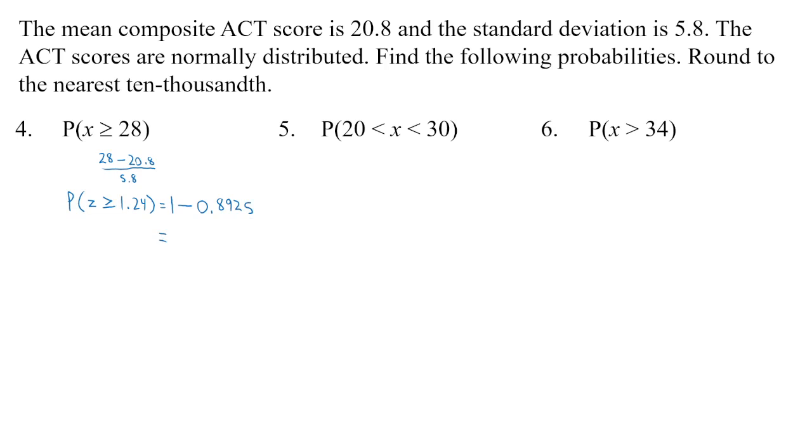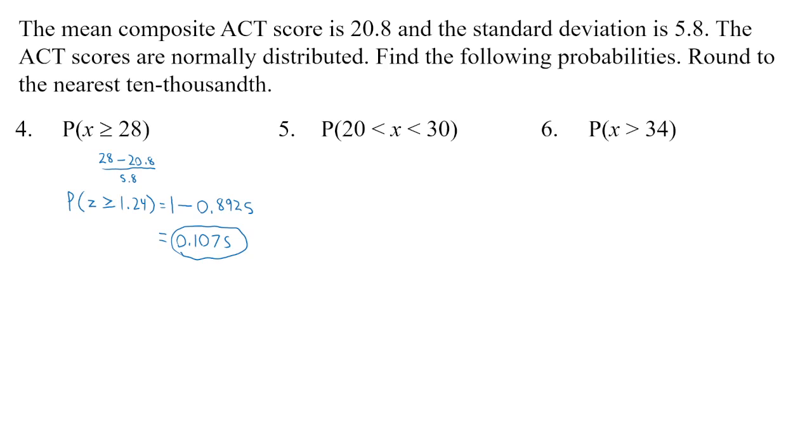Therefore, 1 minus 0.8925 is 0.1075. Therefore, the probability of scoring a 28 or above on the ACT is 0.1075.